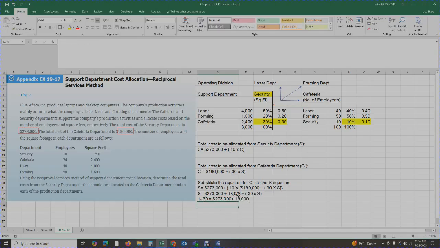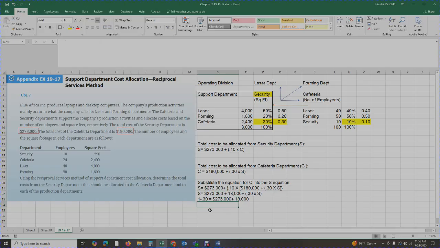I'm moving the 0.30 to the other side of the equation. Remember this is a positive, and when I move it to the other side, it becomes a negative. So 1 minus 0.30 equals the 273 plus the 18,000. The right hand side stays as is. All I did was move my 0.30 to the left hand side to segregate it, so I can solve for S.